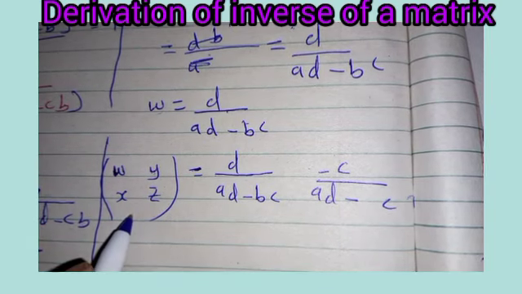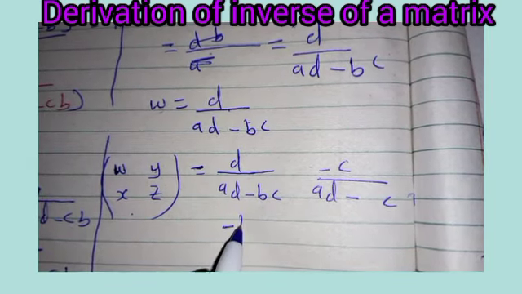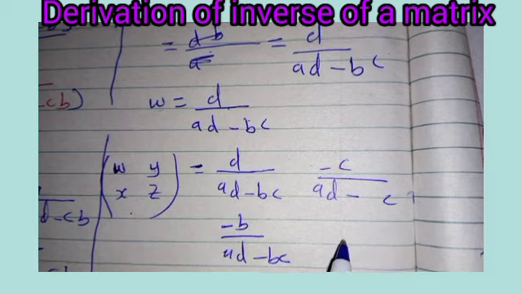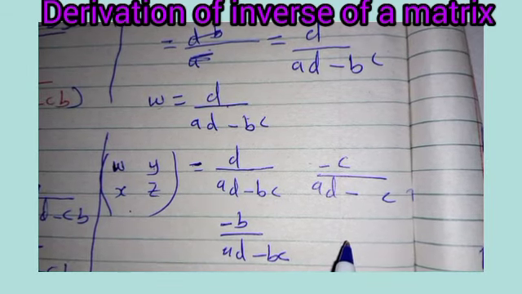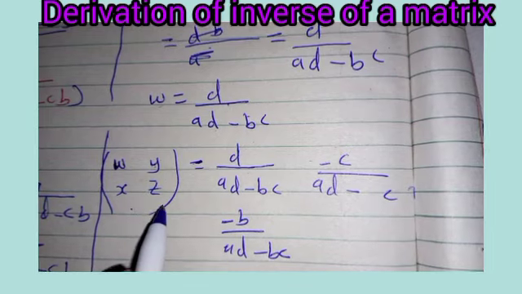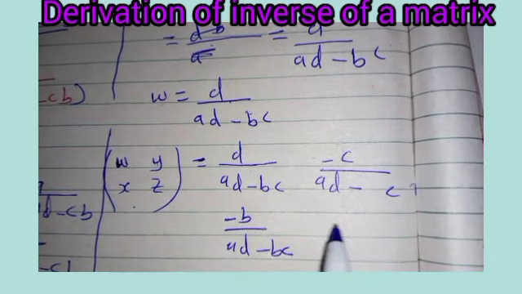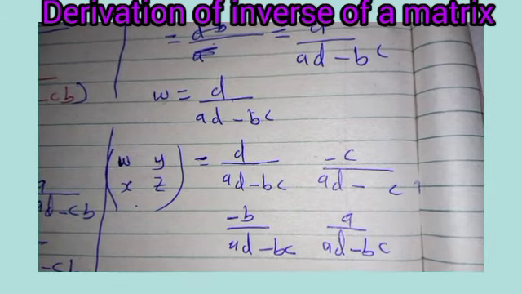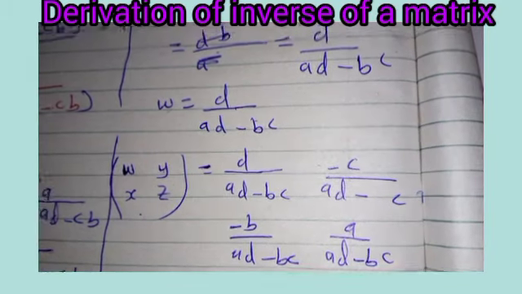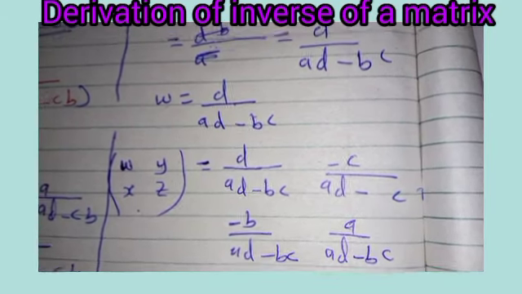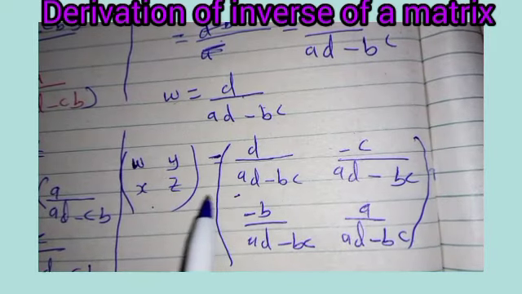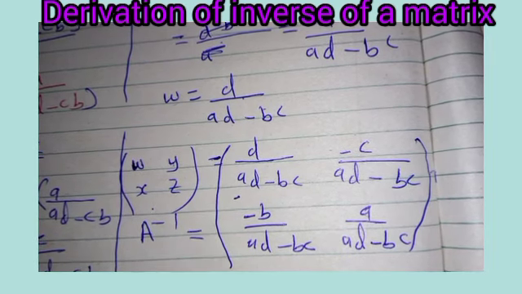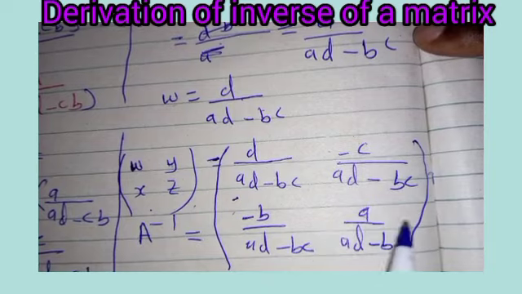And we found x to be minus b divided by ad minus bc. Then we found z to be a over ad minus bc. So this is the inverse of matrix A. So A inverse is equal to this value here.